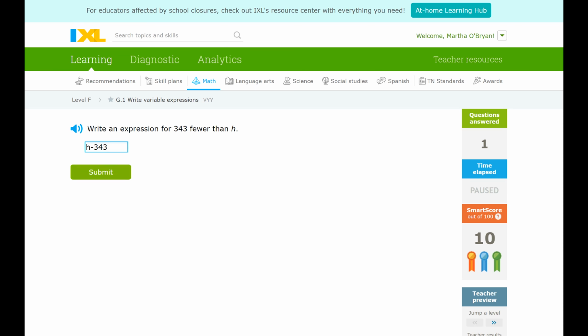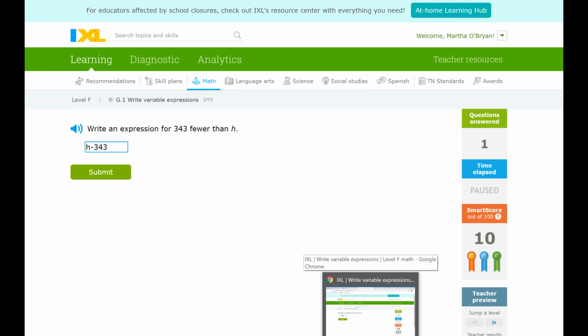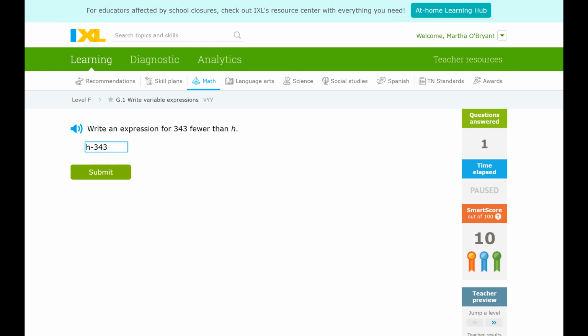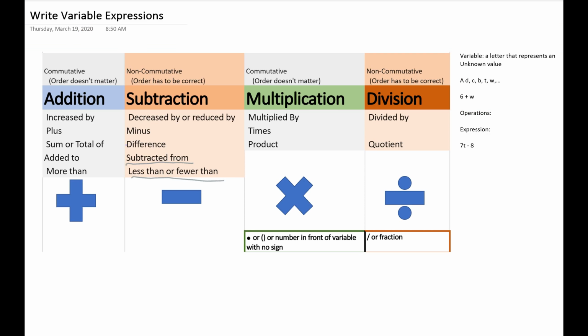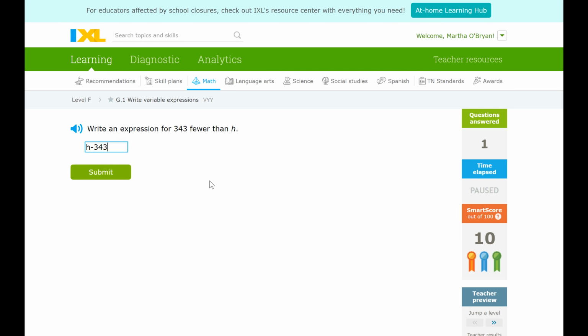But that phrase fewer than, just like the phrase less than and the phrase subtracted from, is a hint that we need to change the order, because we're starting with the variable, we're starting with that value of h, and we're subtracting that 343 from it.